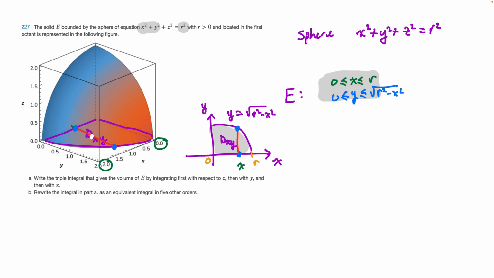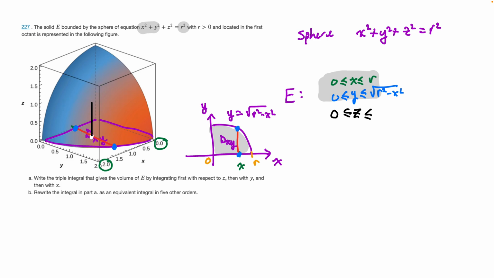let's figure out what z's are going to do. So that white dot occurs in the base of the solid E. So that means that z's will be allowed to be as small as 0. Let's now draw a vertical up and down line segment and then stop when we hit the sphere.